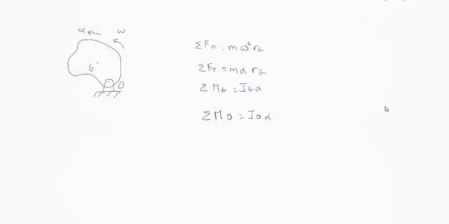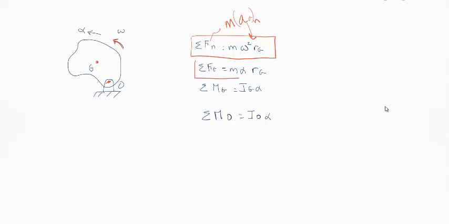Now let's say we have this body rotating about point O, and we have the center of gravity G over here. We have angular velocity omega, angular acceleration alpha. So the sum of the forces in the normal direction is m omega squared r. Notice this is actually m ag n, and ag n is omega squared r.